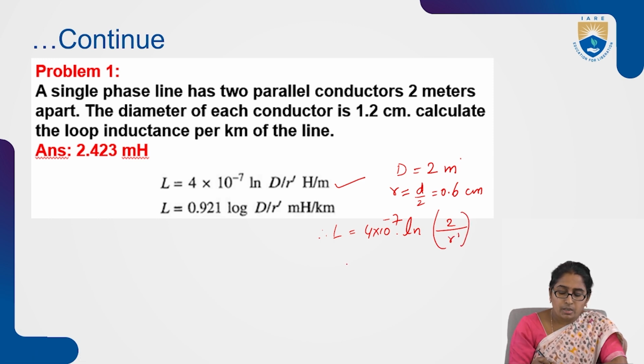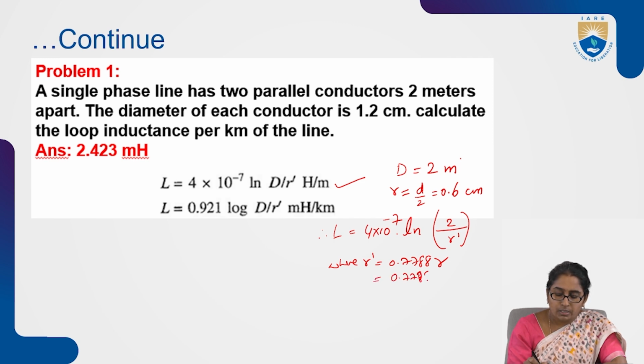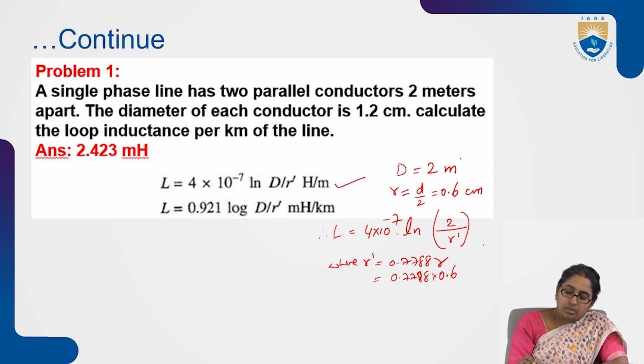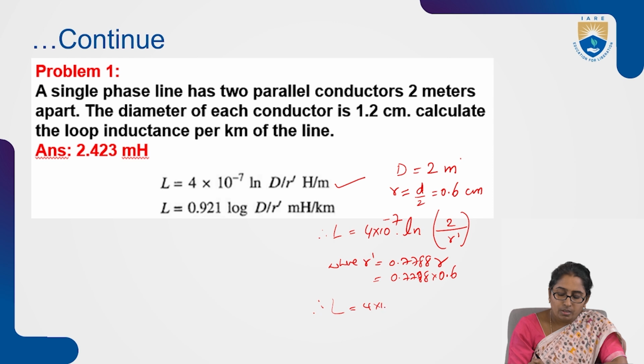Where R dash, we know, is 0.7788 into R, that is 0.7788 into 0.6. So substitute here: 4 into 10 power minus 7 log of 2 by 0.7788 into 0.6.